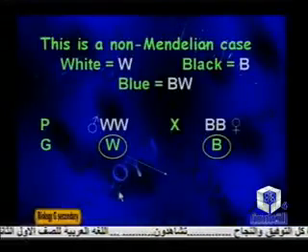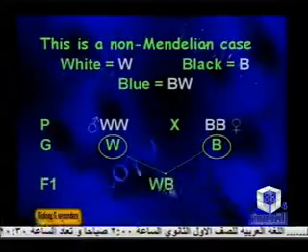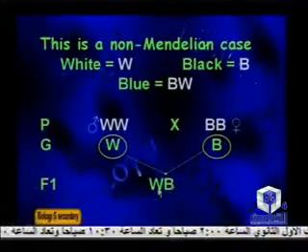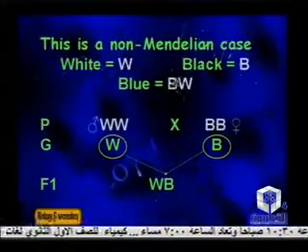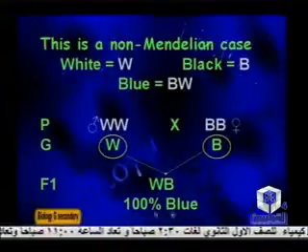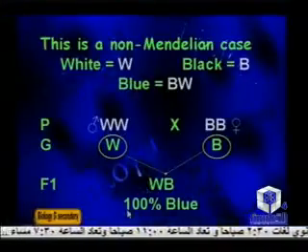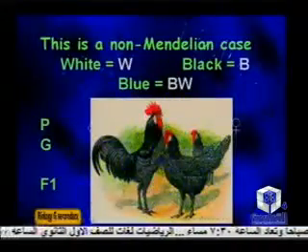When they are combined together, they form WB capitals, and this is the first generation, which is a blue one. So 100% of this offspring is blue. And here is the blue fowl.